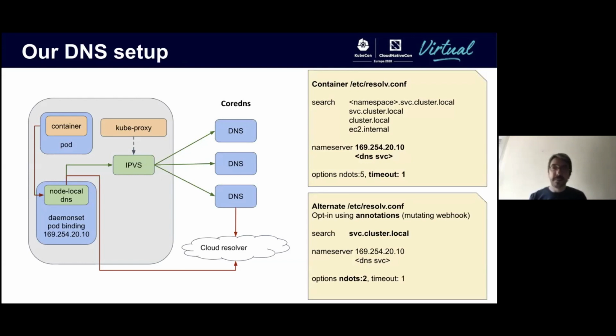This means most queries will get an answer in a single query, which is much more efficient. The only cost is you can't resolve a service in the same namespace by just using its name. You need to also provide the namespace. That is much more efficient, and we've seen applications being very happy about this design.